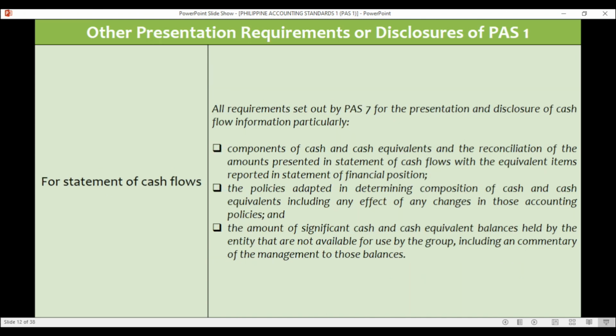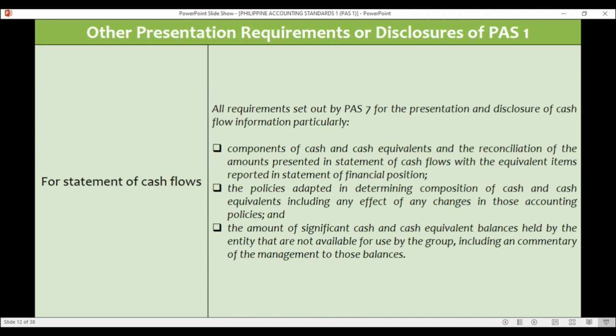So for statement of cash flows, all requirements set out by PAS 7 for the presentation and disclosure of cash flow information, particularly the components of cash and cash equivalents, and the reconciliation of the amounts presented in the statement of cash flows with the equivalent items reported in the statement of financial position.